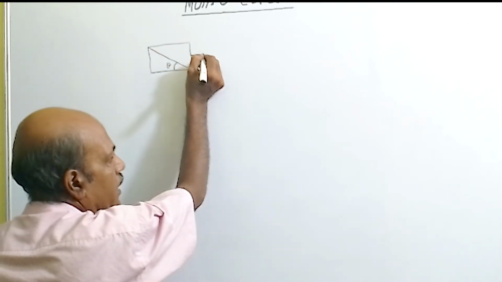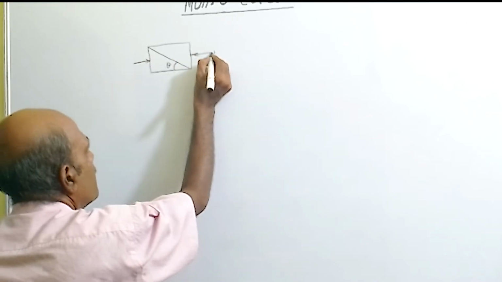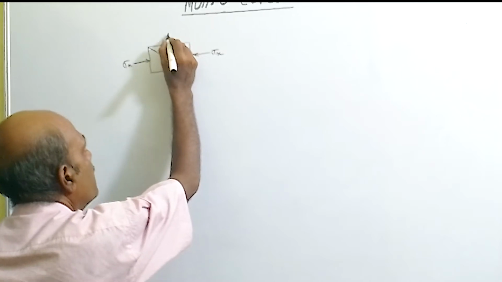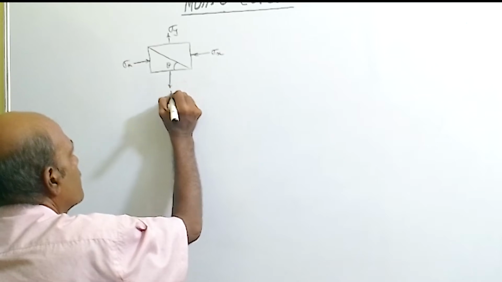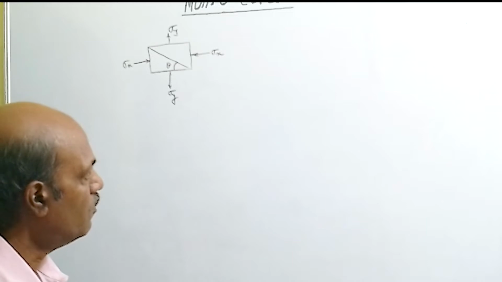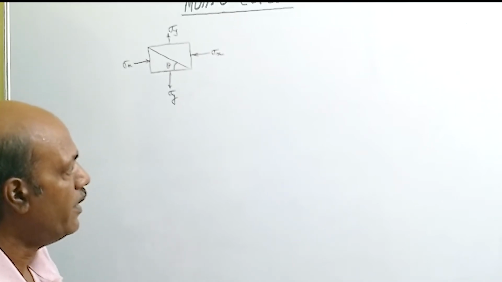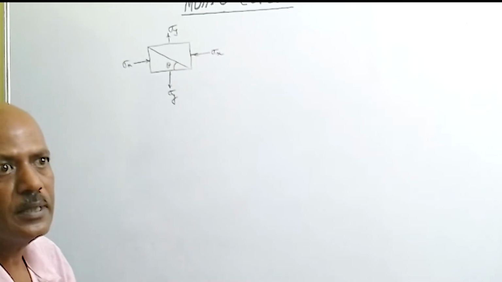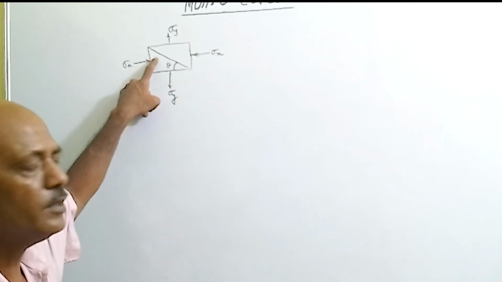The body is under sigma x stress that is negative, and sigma y is positive, and the angle made by the inclined plane is theta, in the clockwise sense with the x direction.